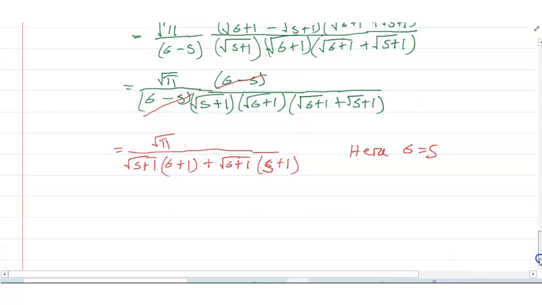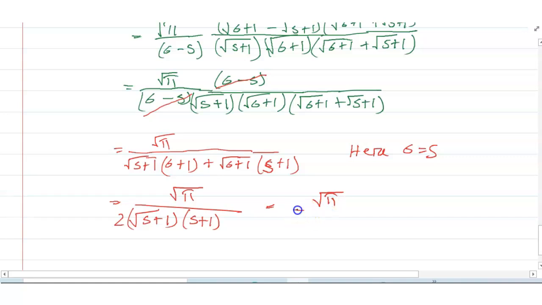So friends, this value will become root pi into root over s plus 1 into s plus 1, and my answer is root pi divided by 2 into s plus 1 whole to the power 3 by 2. Thanks for watching.